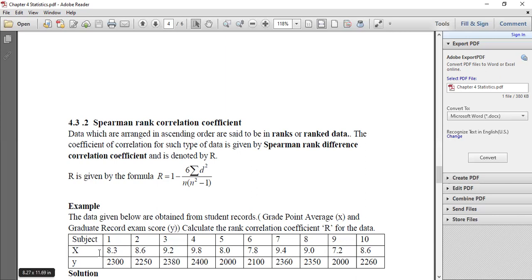And the highest point is what, in this case, for X? 9.8. Yeah, 9.8. So that will take rank number 1. Then when it comes to Y, rank number 1 will be taken by?